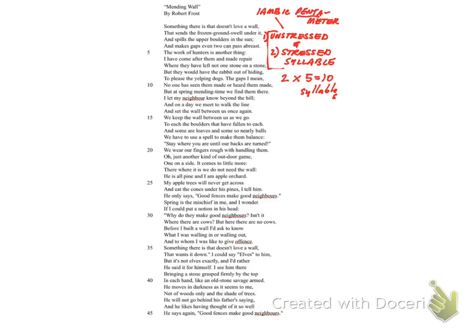All right. And one way to track stress versus unstressed syllables is these little lines right here. If we look at the word something, unstressed would be the "some." Think about what you emphasize, where you stress in saying that word, something. And so the "thing" is what's stressed.